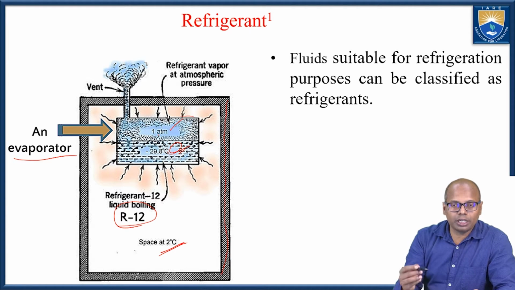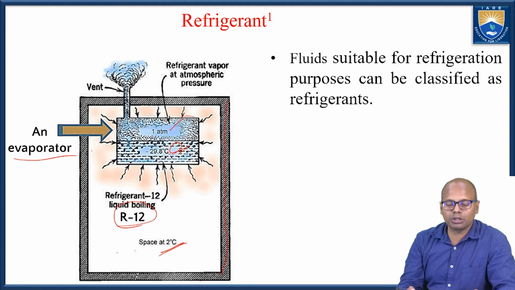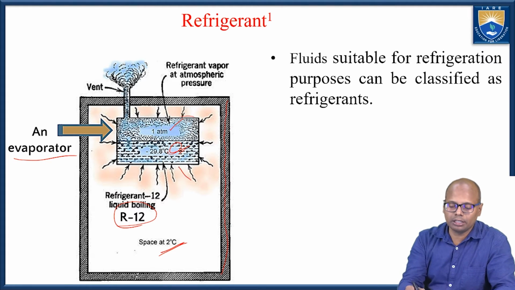At 1 atmospheric pressure, even if the refrigerant is at minus 29.8 degrees centigrade, it will start boiling. How does it boil? It will take heat from the refrigeration space.